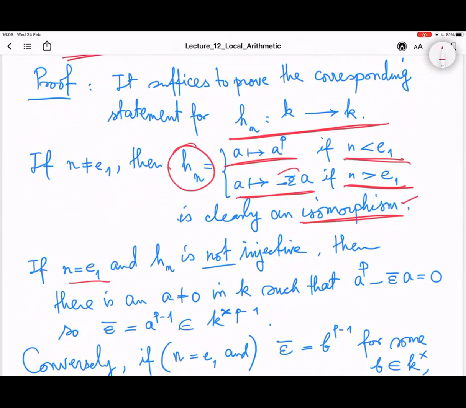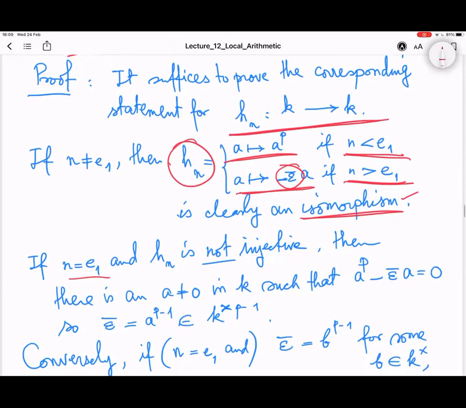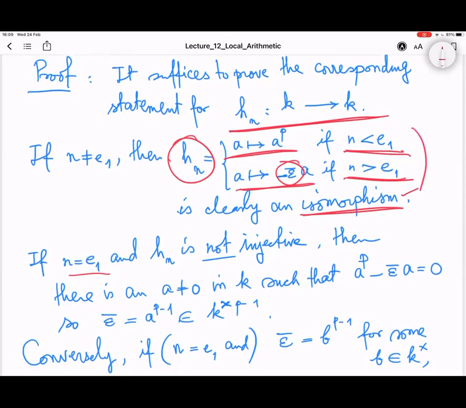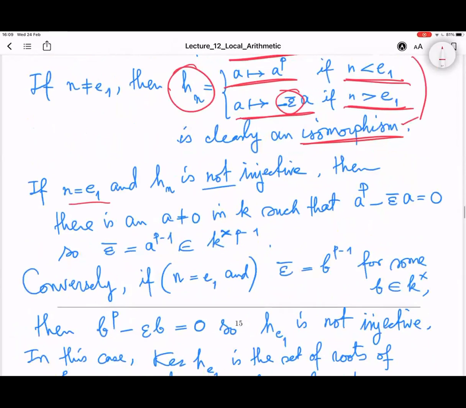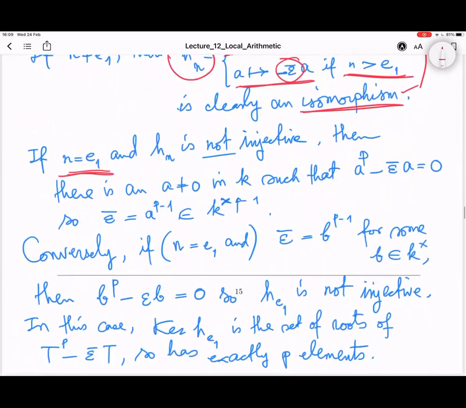Now multiplication by a non-zero constant is, of course, an automorphism of a vector space. So if n is strictly less than e1 or strictly greater than e1, we are done. Let's look at what happens when n is equal to e1.